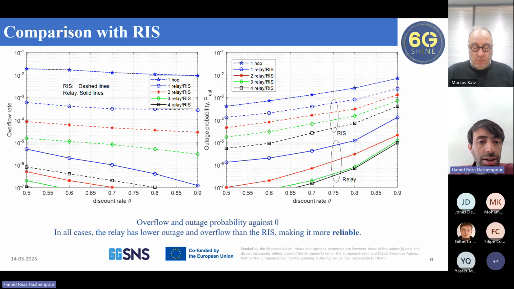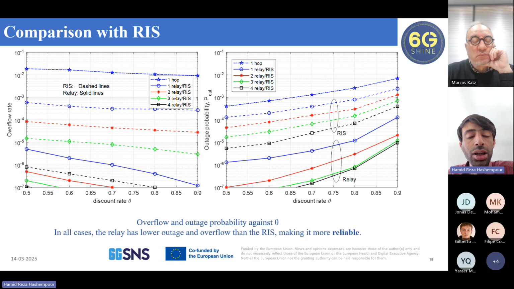So in these curves, you can see a comparison between a relay and RIS. For example, on the right hand, you can see the outage probability against the discount rate. Generally, you can see that, apart from the number of relays or RIS, relays outperform for outage.